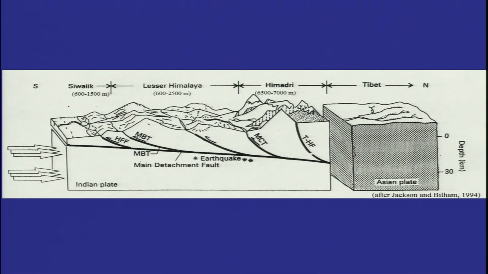So this is your foreland side, and this is your uplands. Towards the foreland, what we see is a younging sequence in terms of the faulting events, or when the fault started moving. So the youngest one is this one.